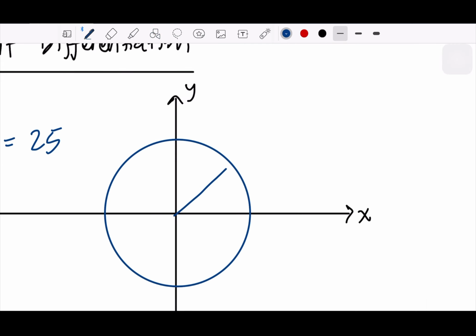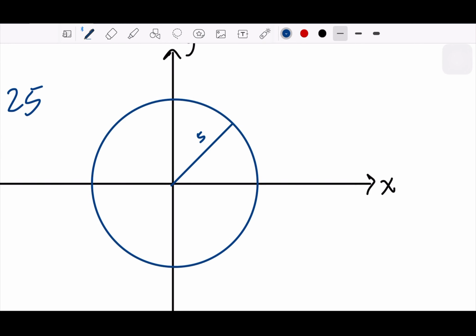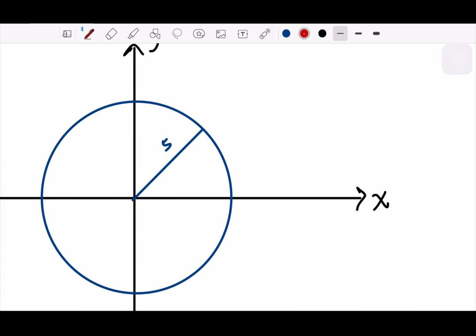So let's say this is the radius. Let's say this is 5. If we think clearly from this circle, maybe before we start doing the implicit, we can take these sides, on the top of the circle here.